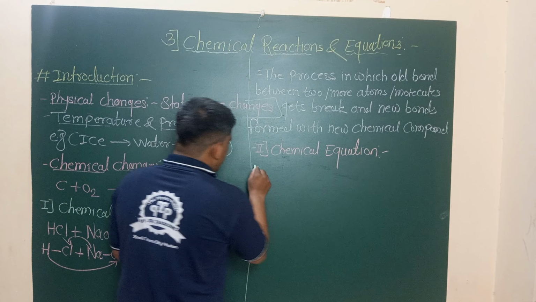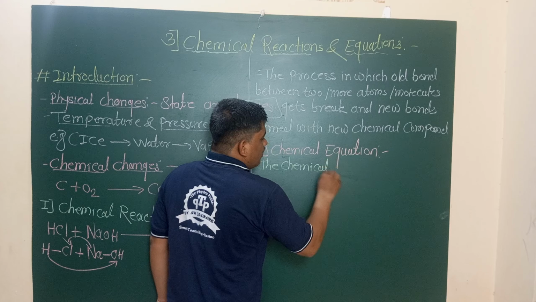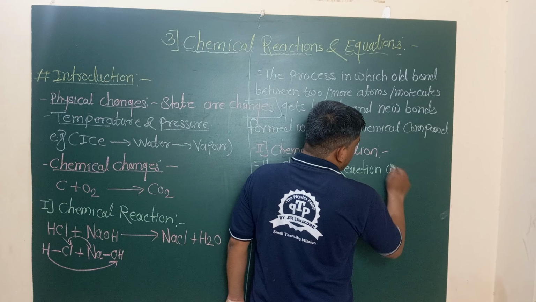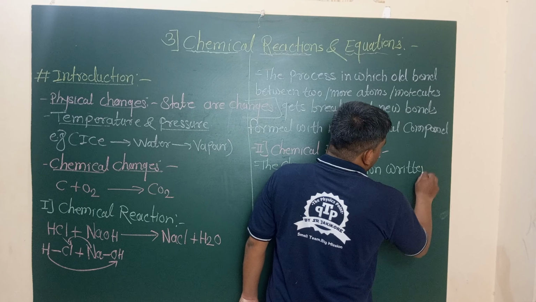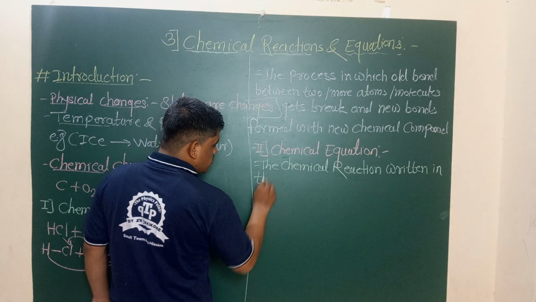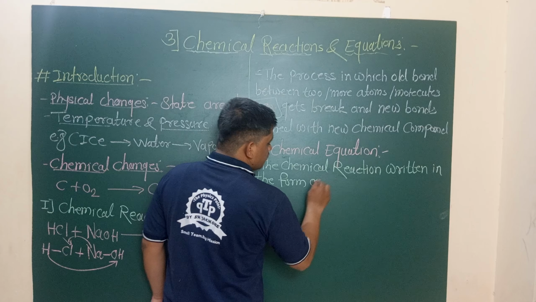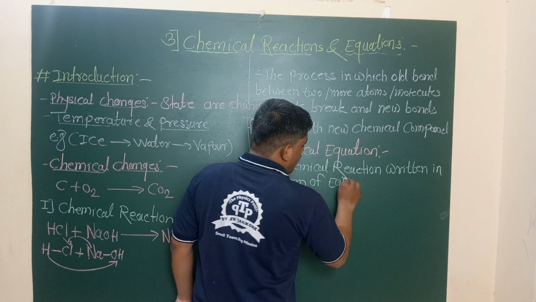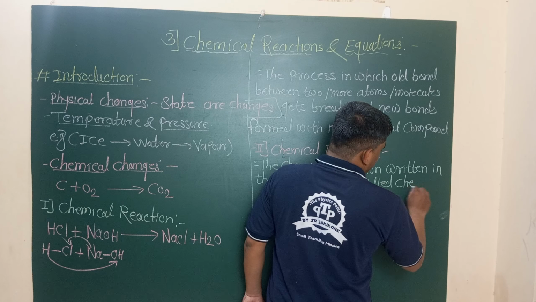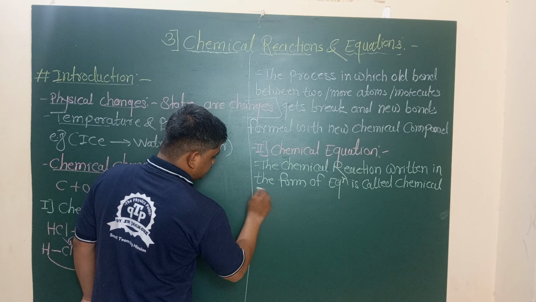Simple definition: a chemical reaction written in the form of an equation is called a chemical equation.